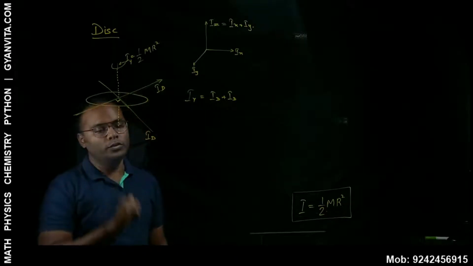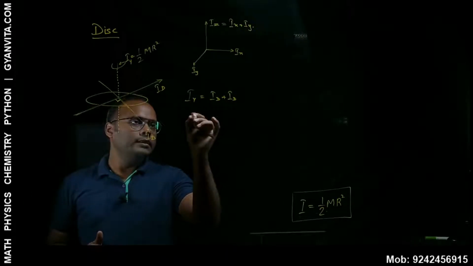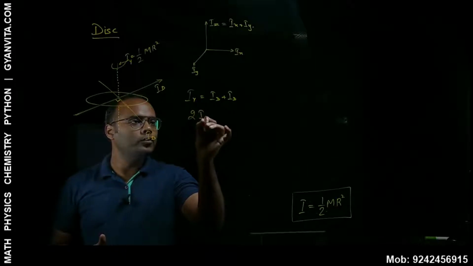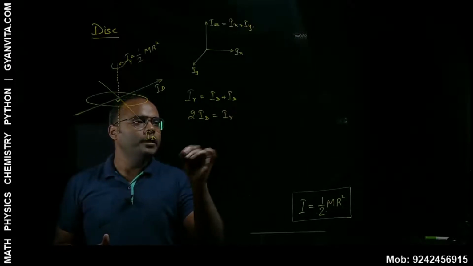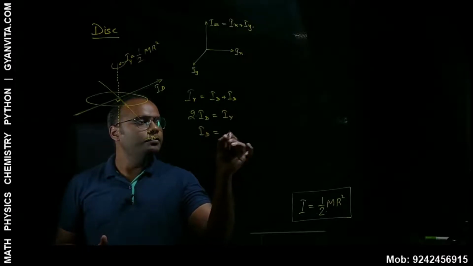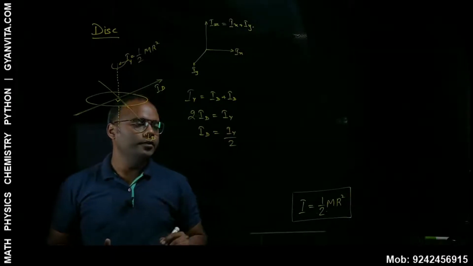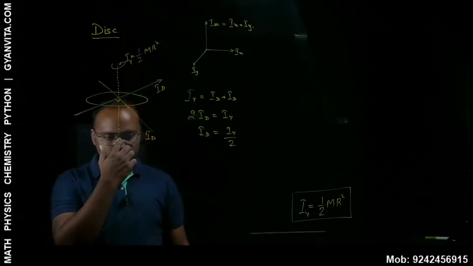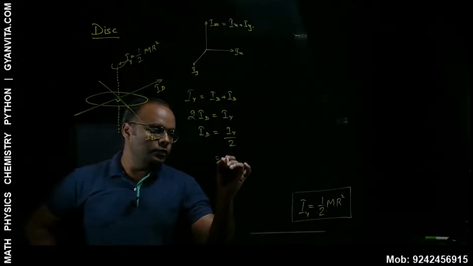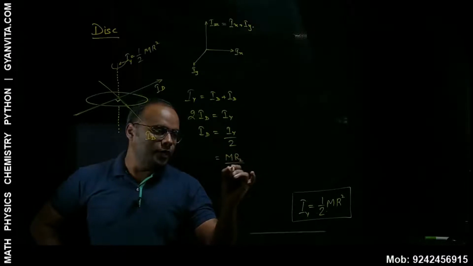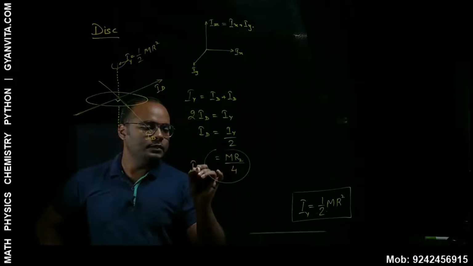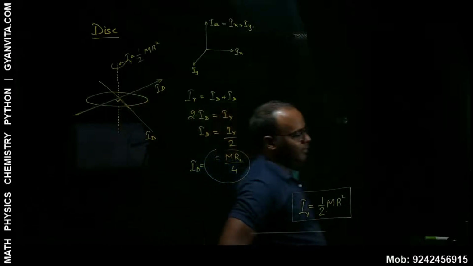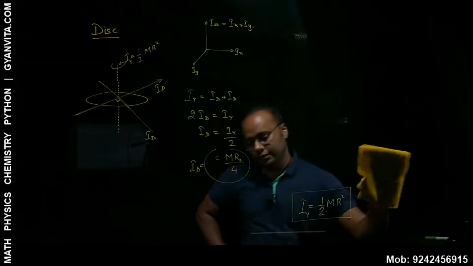So 2 into Id is equal to Iy, or Id will be equal to Iy divided by 2. Iy is mr square by 2, so this will be equal to mr square by 4. This is the moment of inertia along the diameter of the disk.